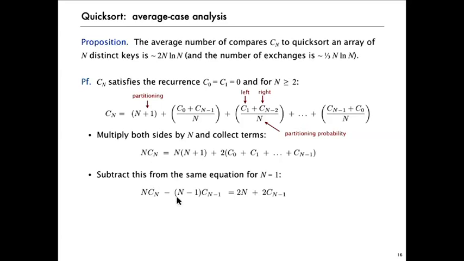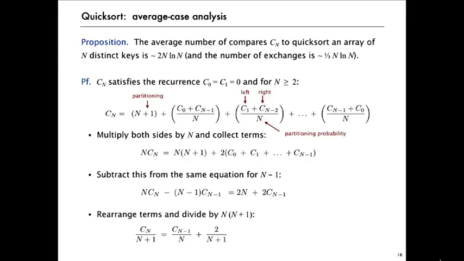So N C_N minus (n minus 1) C_(n minus 1), and then n times n plus 1 minus (n minus 1) times n is just 2n, and then the sum collapses, just leaving the last term. This sum minus the same sum for n minus 1 just leaves the 2 C_(n minus 1). Now that's looking like a much simpler equation.